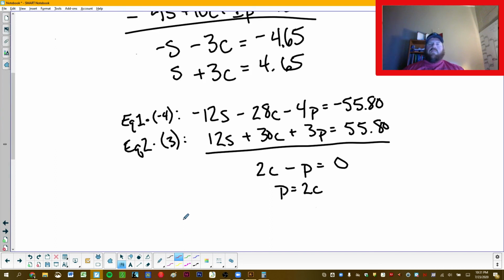If I look at this bottom equation as a sandwich plus a cup of coffee plus 2 cups of coffee, because 1 cup and 2 cups would be my 3 cups, that equals $4.65.